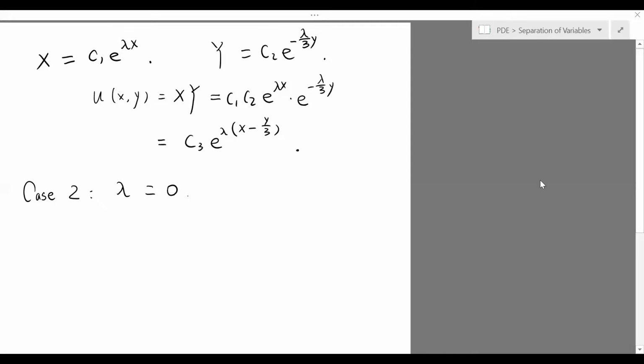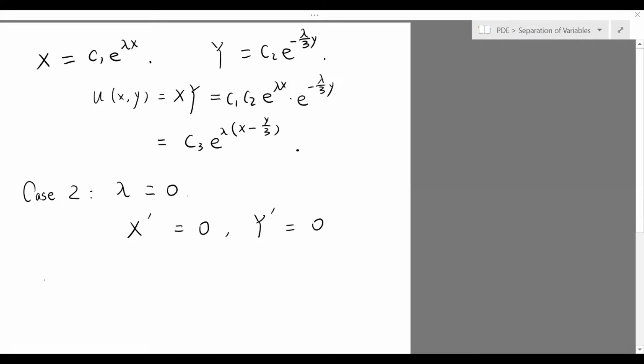We will continue to study the second case, in which we assume lambda is equal to 0. When that is the case, we should have capital X prime equal to 0, as well as capital Y prime equal to 0. And these two differential equations are particularly simple. All we need to do is just integrate the equation to obtain the solution.